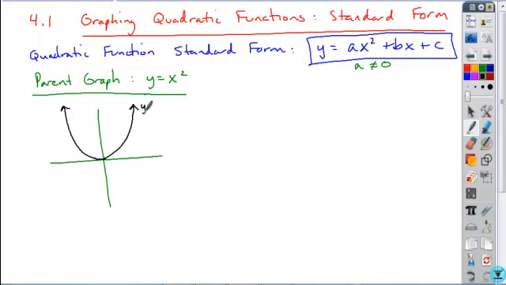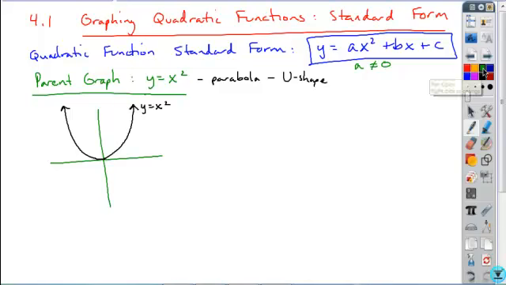It's a U-shaped graph. And so based on this, all the different types of transformations that we've talked about will apply in this as well.